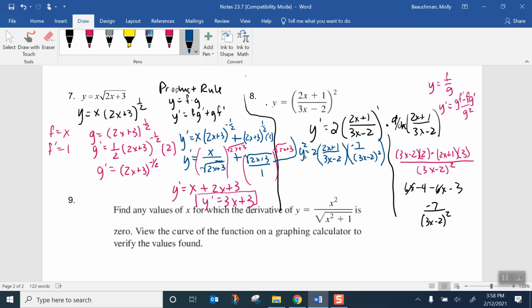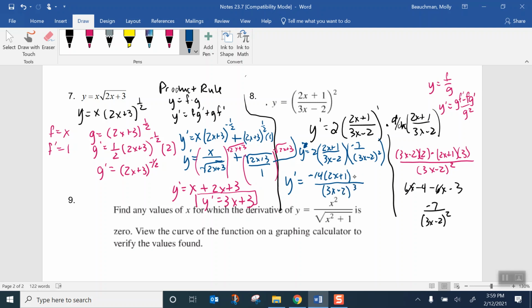Now I can do the last simplification. Multiply through the numerators. I have 2 times negative 7, which is negative 14, times 2x plus 1. In the denominator, I've got 3x minus 2 times (3x minus 2) squared. So I end up with (3x minus 2) cubed.